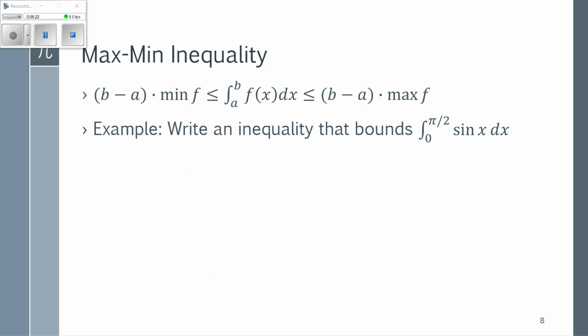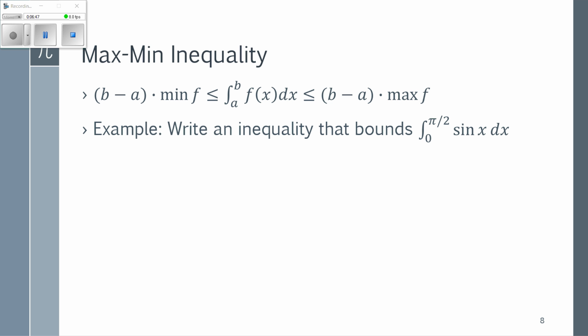The max-min inequality allows us to do what's called bounding our integral. There are times in applications where we don't need to know the exact value of an integral. We just need to get a rough idea of what it's between. And the idea of this is, instead of using an infinite number of rectangles, we say, well, let's use just one rectangle.